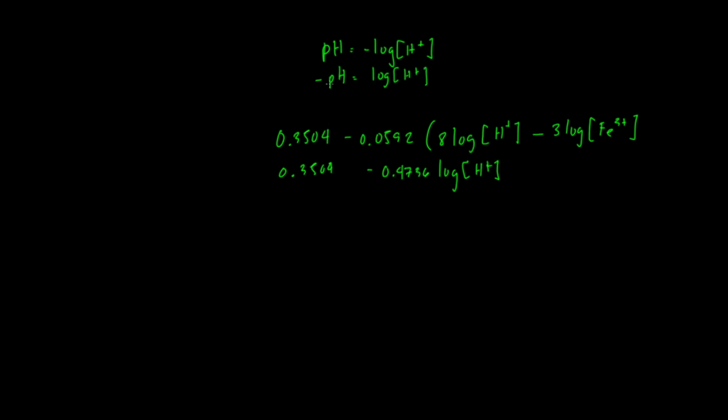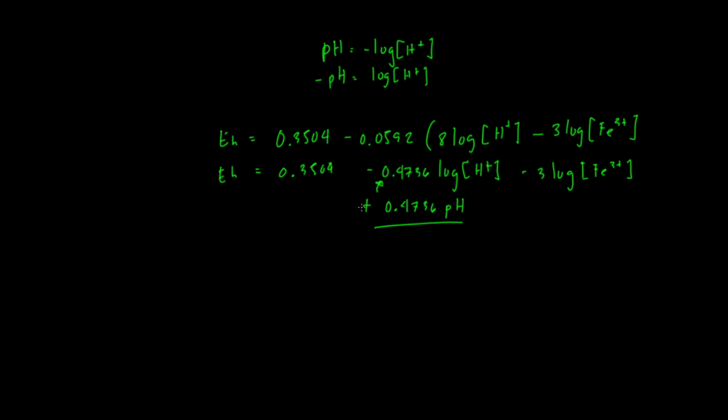So if we substitute negative pH here, this becomes plus 0.4736 pH. This term we can just express as 0.4736 of the pH value. Then this is again 3 log Fe3 plus. So again, this is EH.